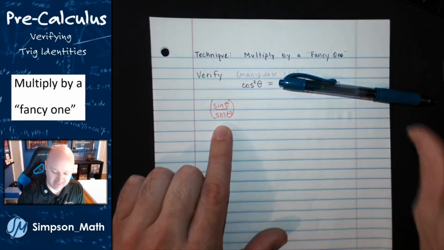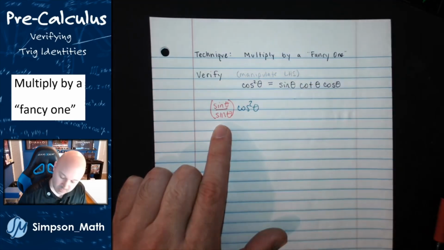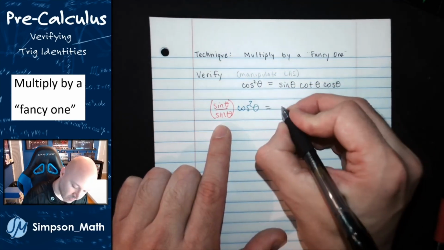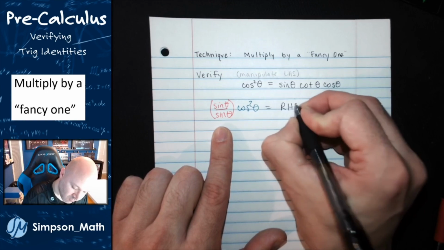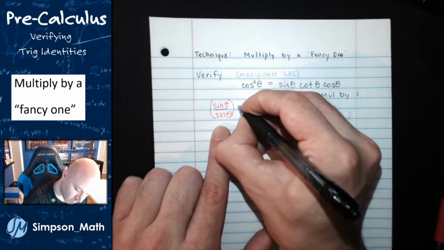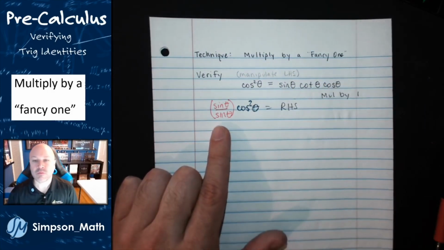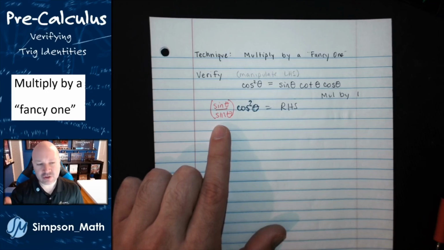Do you agree sine divided by sine is just going to be 1? I'm introducing what I need. I need some sines in my identity, so I'm going to throw in a sine over sine.